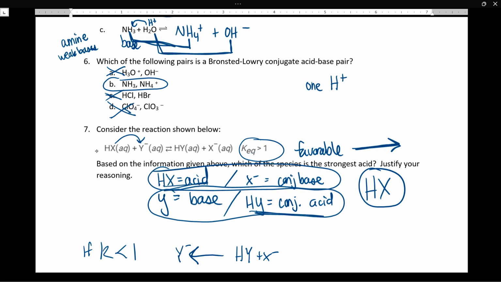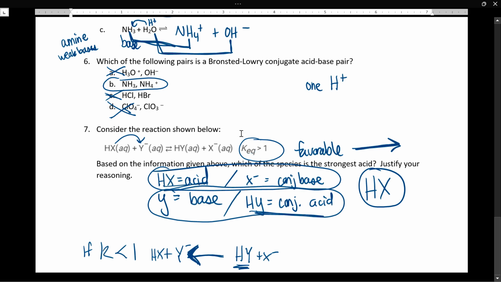Okay. And in the reverse reaction, that would be going this direction. My acid would be HY. So if K was less than 1, that would tell me that the reverse reaction is favorable and HY is the better acid. But since my forward reaction is favorable, then that means HX is my stronger acid.